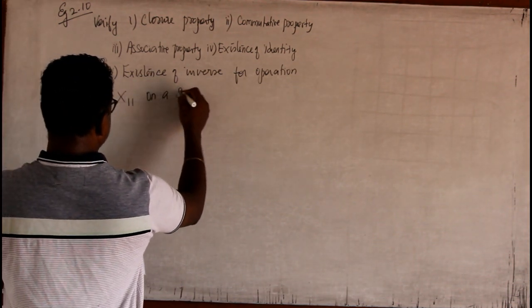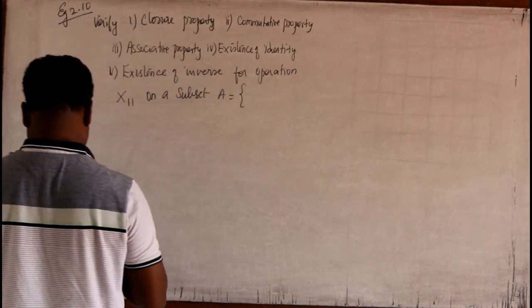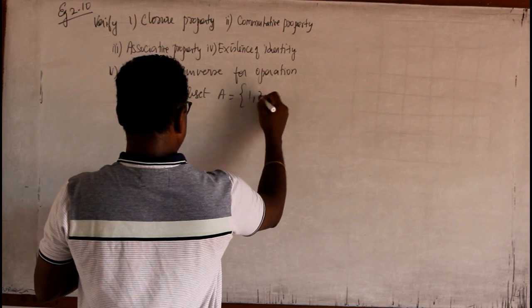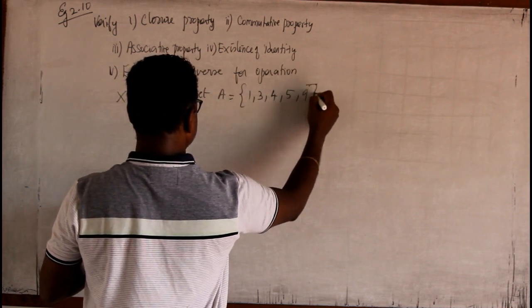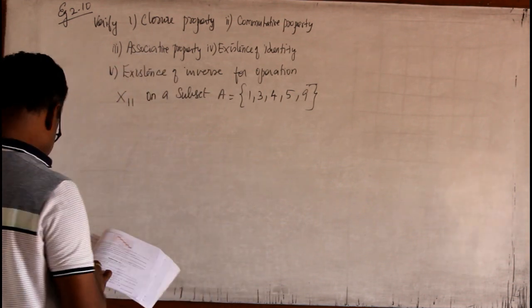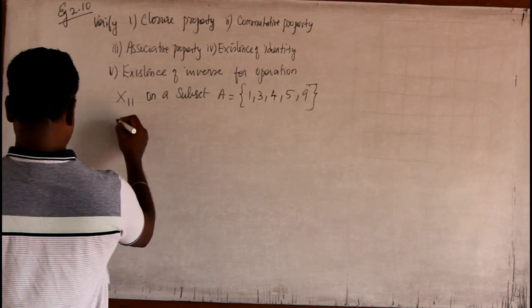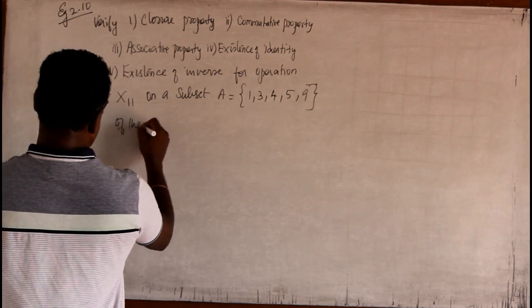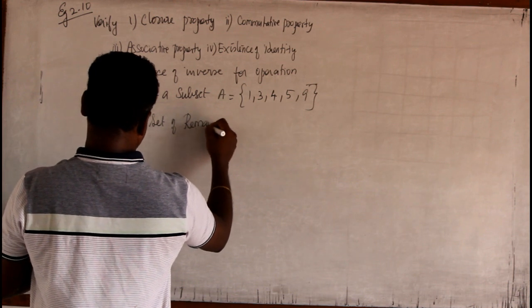On a subset, they have taken a special set 1, 3, 4, 5, 9. Only these elements they have taken and they are verifying. Of the set of remainders, they have taken a subset.